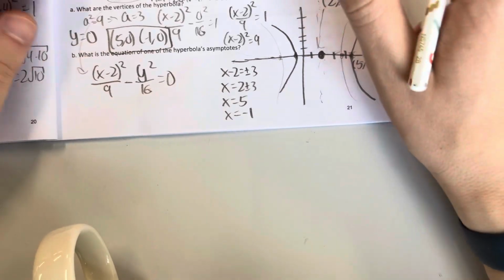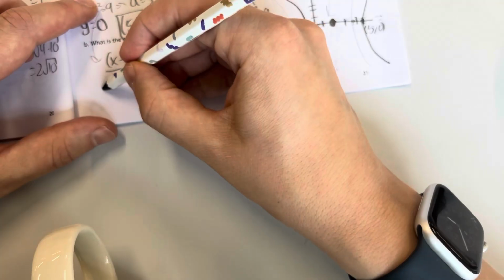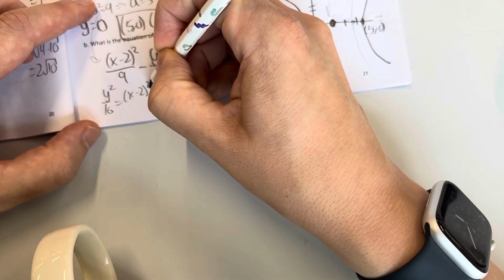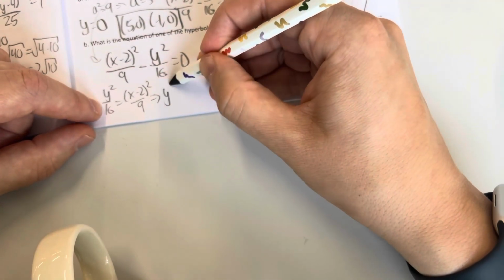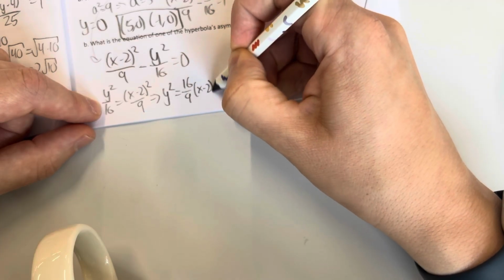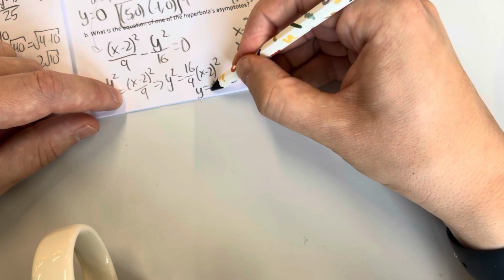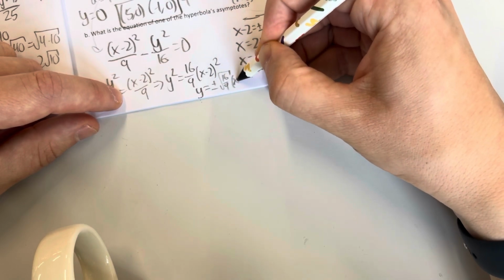So let's solve for y by getting y squared over 16 equals x minus 2 squared over 9. Solve for y by multiplying both sides by 16, and square root both sides. We get y equals plus or minus the square root of 16 over 9 times x minus 2.